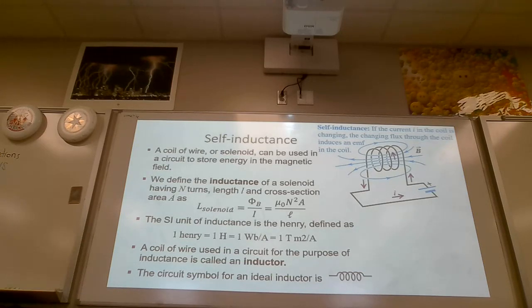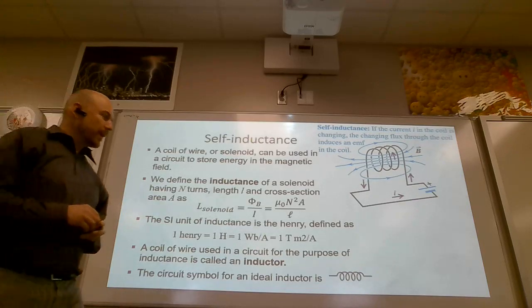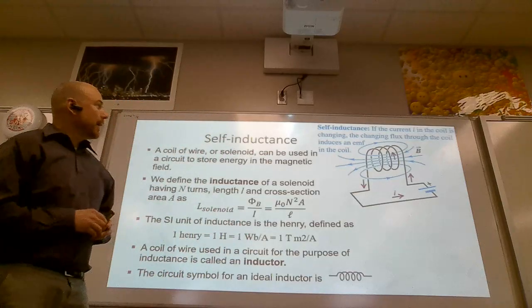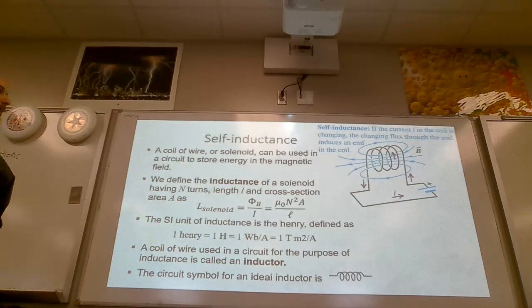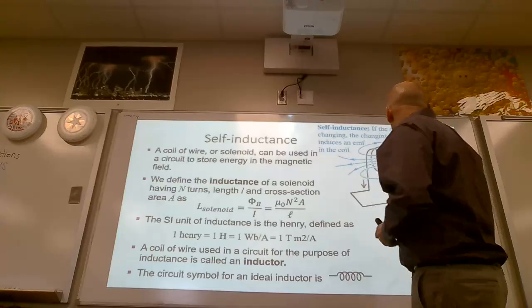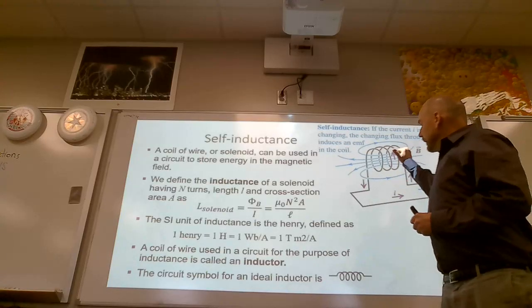Inductors. So, self-inductance versus mutual inductance. For self-inductance, you have a coil of wire, a solenoid, and if you have a changing current, which is kind of what we were going over yesterday, say the current is increasing.